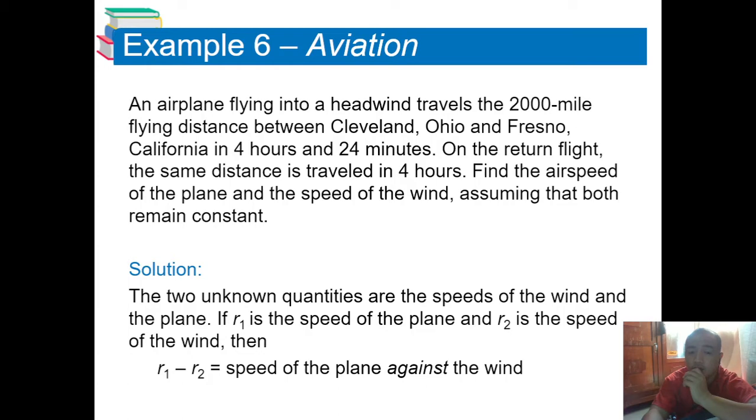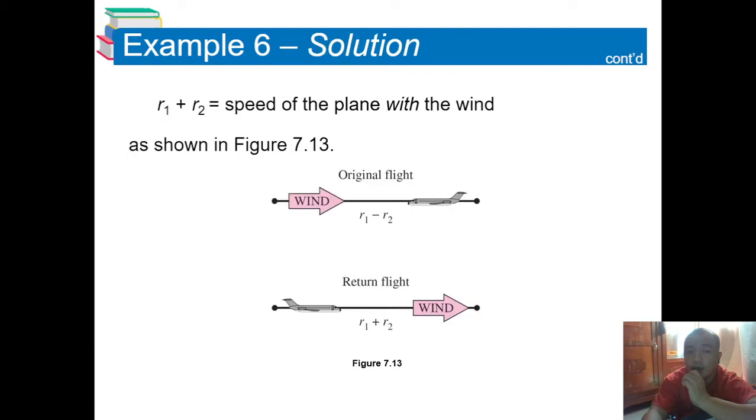If r sub 1 is the speed of the plane and r sub 2 is the speed of the wind, then r sub 1 minus r sub 2 is the speed of the plane against the wind, minus, because it is against. The speed of the plane with the wind is plus, r sub 1 plus r sub 2. It's the same as the downstream upstream problem.